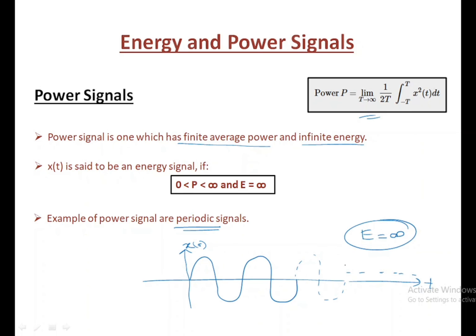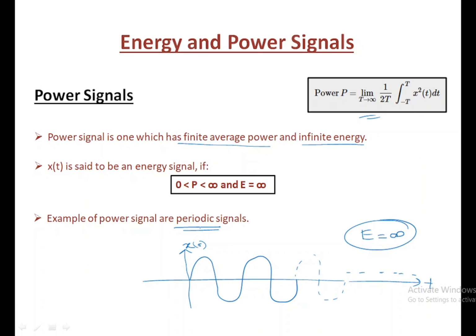So the power of such a signal is finite. That's why we say power signals are those which are periodic. Whenever a signal is given, if it is periodic, then you need to calculate its power, and if it is aperiodic, then you need to go for its energy.